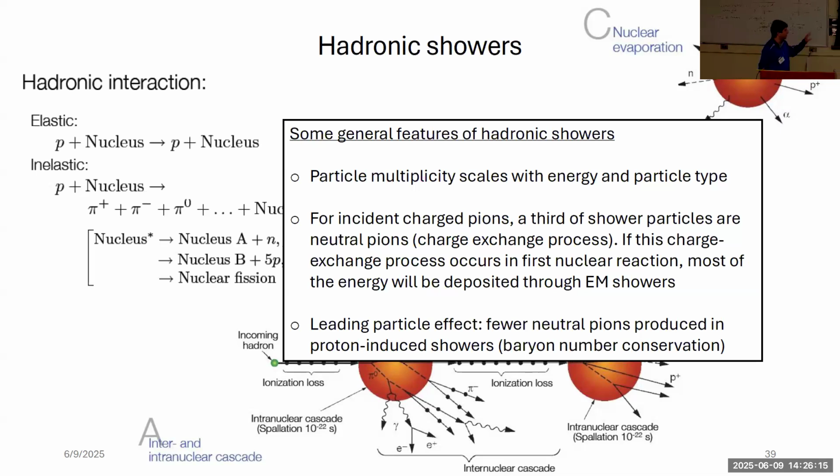And then there's something called a leading particle effect, which is that fewer neutral pions are produced in proton-induced showers compared to pion-induced showers. This is a result of the fact that the initial nuclear reaction cannot produce a neutral pion, because there can't be a charge exchange for the reaction in order to conserve baryon number.